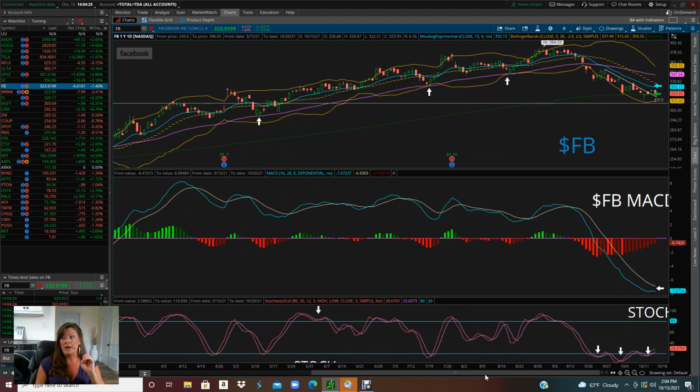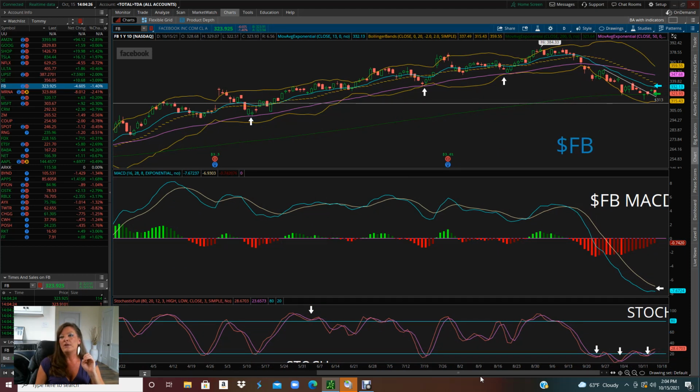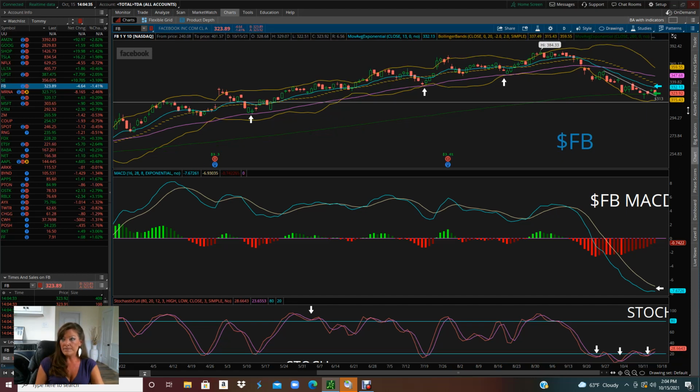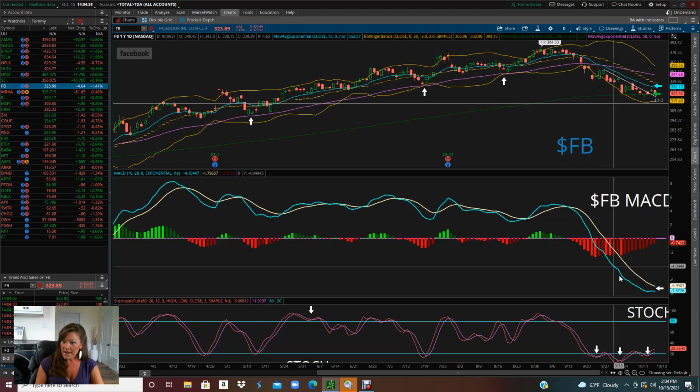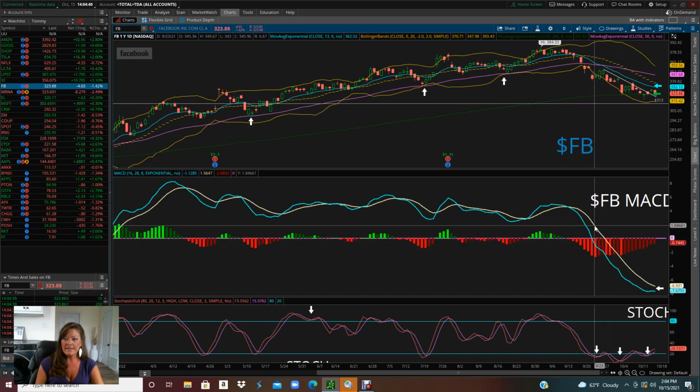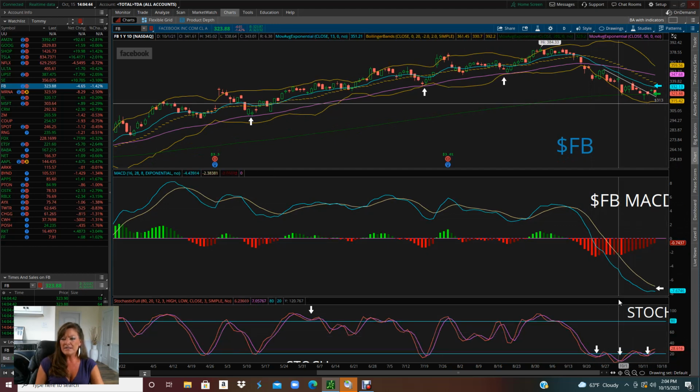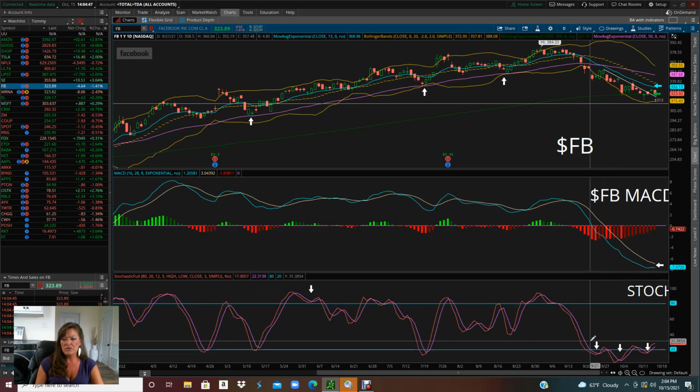That's why I hadn't even traded Facebook. It's just been so bearish. I know other people are buying these dips, but I have not bought any dips yet because I'm not seeing a bottom yet. Look at this MACD, it kept racing. I was watching this the whole time. My stochastics, I talk about the triple dip, lower.